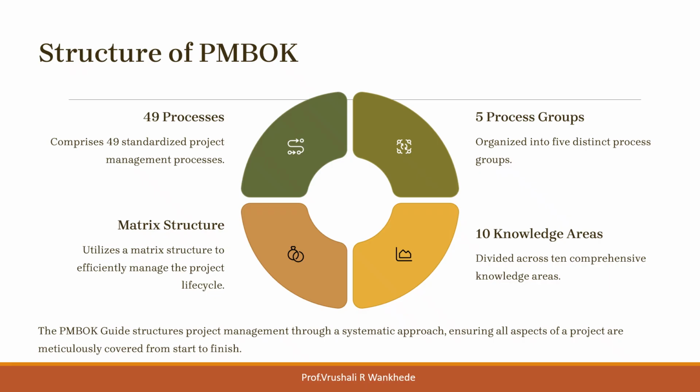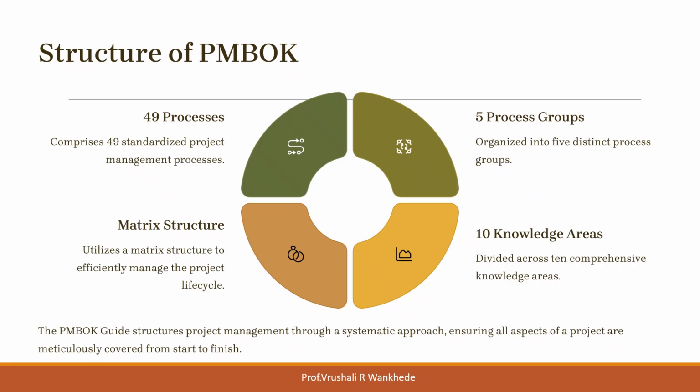The PMBOK Guide structures project management through a systematic approach, ensuring all aspects of the project are meticulously covered from start to finish. So basically, the PMBOK guide's structure will follow one systematic approach, which ensures that all aspects of a project are meticulously covered from start to finish.